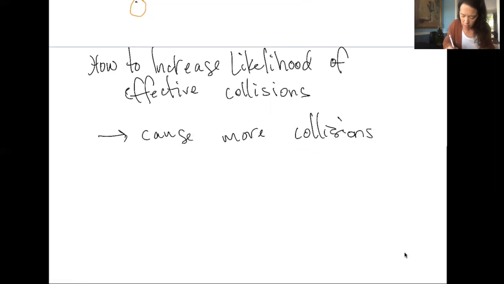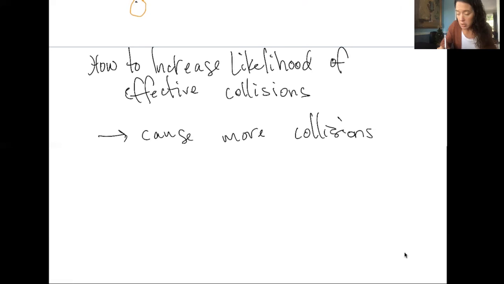So we're looking at higher temps, right? That's going to increase the energy, right? And the number of collisions. Let's see, we could have higher concentrations, right? Because that'll lead to more collisions.